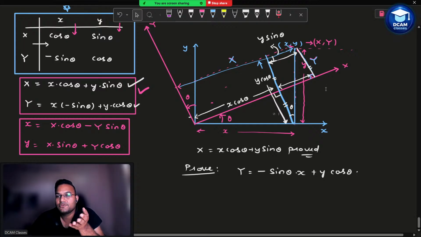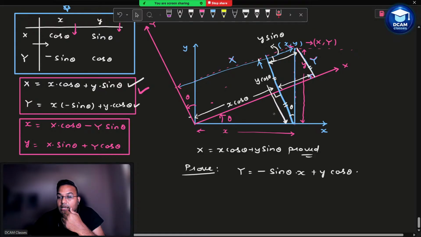You have to use your own logic, your own methods. Just remember you have to find out the value of this capital Y, which is this distance, in terms of small y, x and theta. Yes, sir. So capital Y is actually this distance. See my mouse.